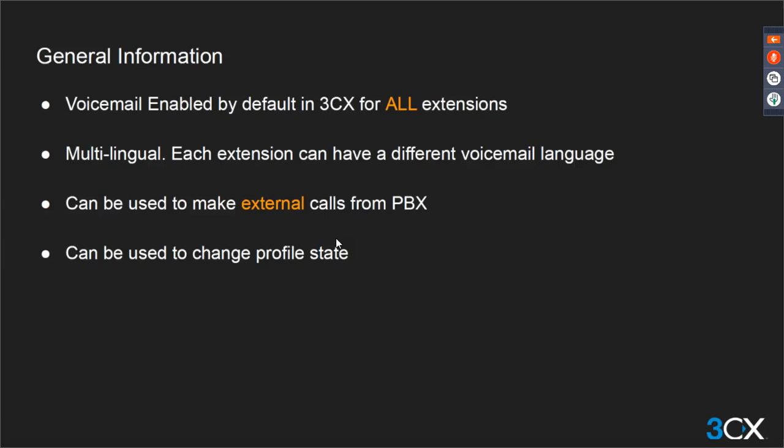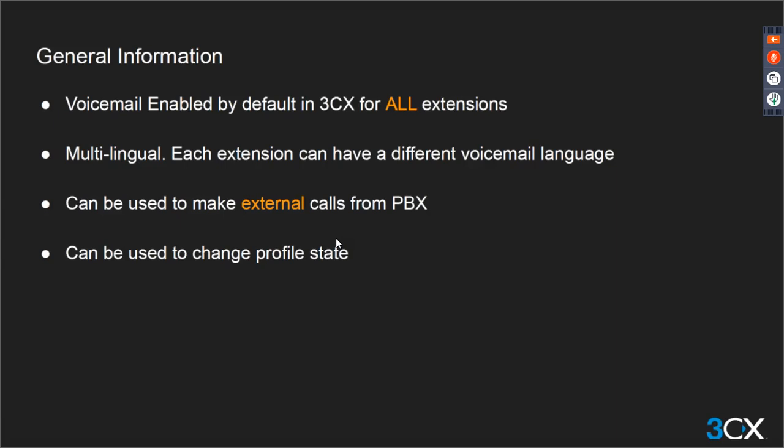The voicemail system can also be configured to make outgoing calls from the PBX. This is quite an old way of doing things, where people used to dial a voicemail number, voicemail box, and then from there they can dial out a number. It's still being used a bit, but not that often, because effectively the 3CX application makes it so much easier for you to connect to your PBX and dial a number.